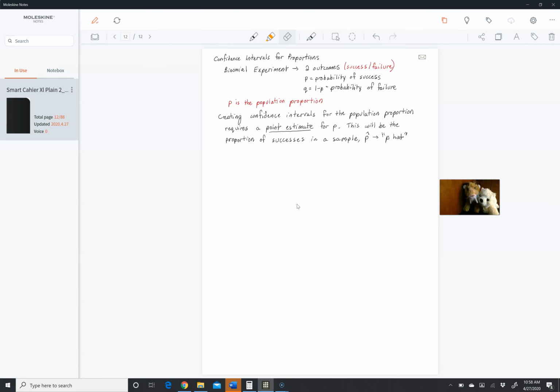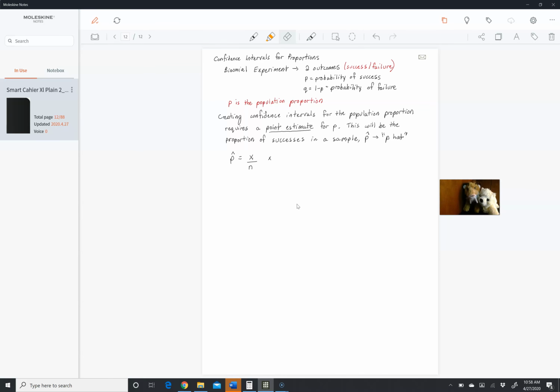So let's do some calculations here. p hat is equal to x over n. So what does this mean?